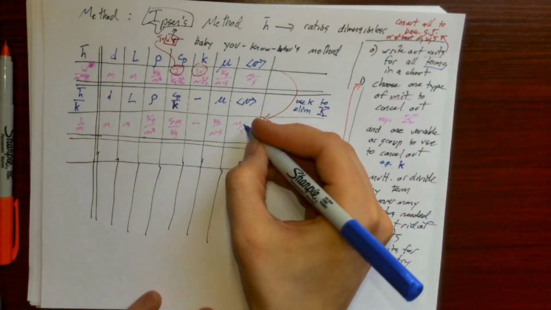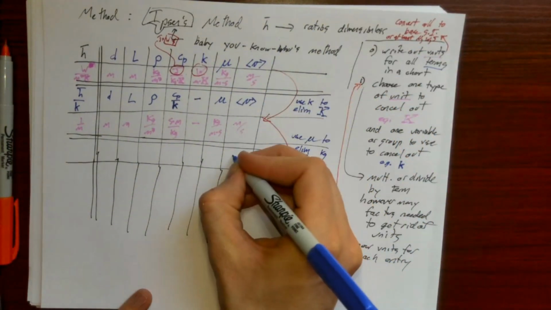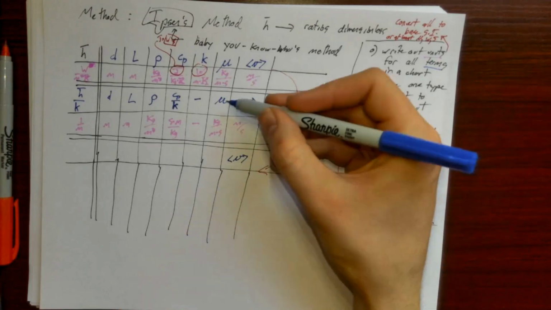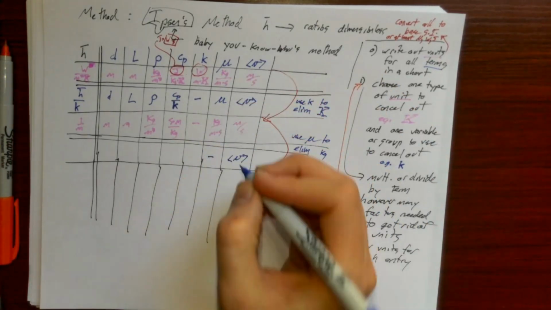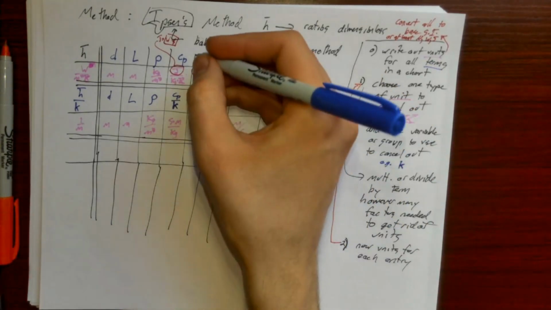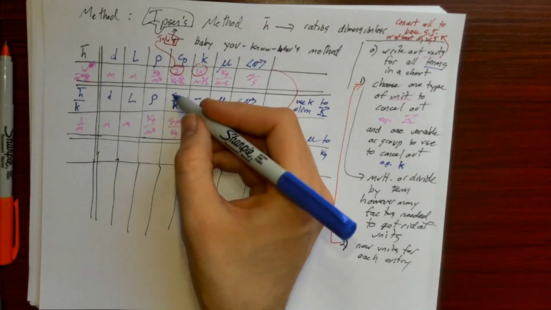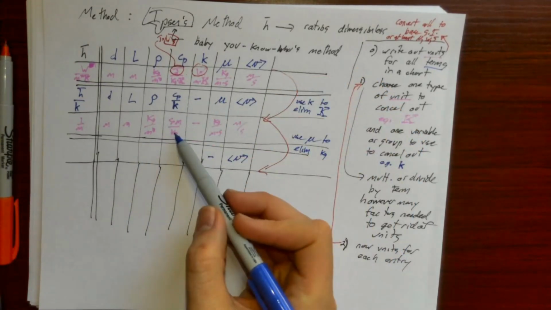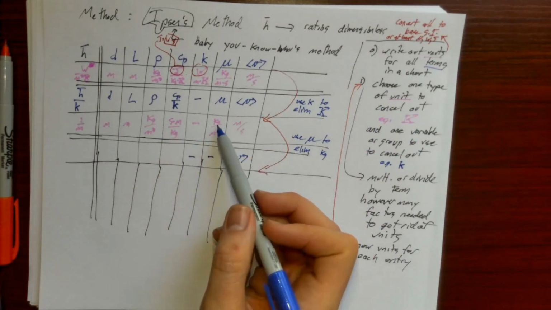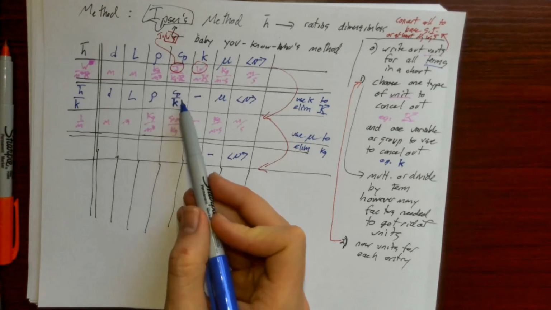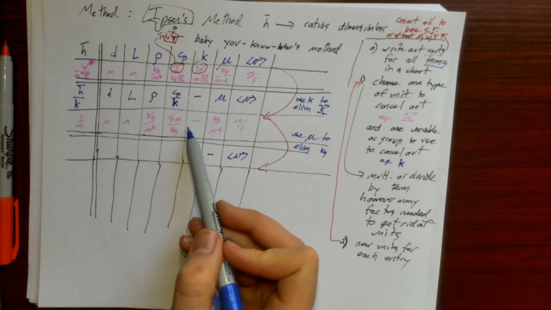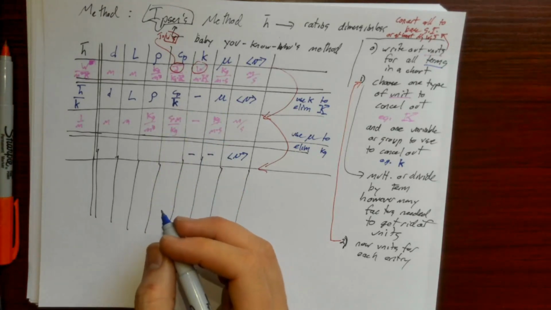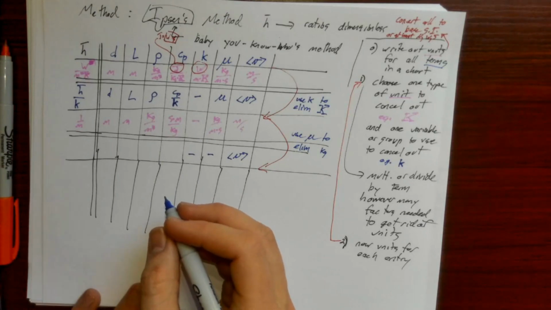Velocity doesn't have any units of kilograms in it, so it remains unchanged. Viscosity is what I'm using to eliminate here, and I already got rid of K. This Cp over K has kilograms in the denominator. Viscosity has kilograms in the numerator. So if I take this quantity and multiply it by viscosity, then I'll have canceled out kilograms. So what does that look like?